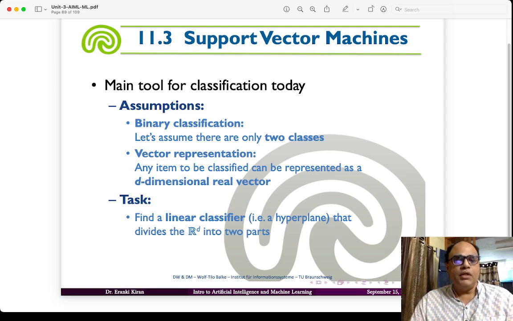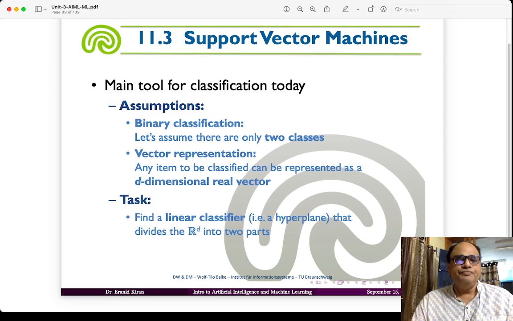If you look at the decision tree or naive Bayes classifier, that's probabilistic based, followed by the k nearest neighbor, that is distance metric, whereas the support vector machine is primarily based on the d-dimensional real vector, because it considers the data points to be vectors, and the classification carried out through the d-dimensional real vector is considered the support vector machine classifier.